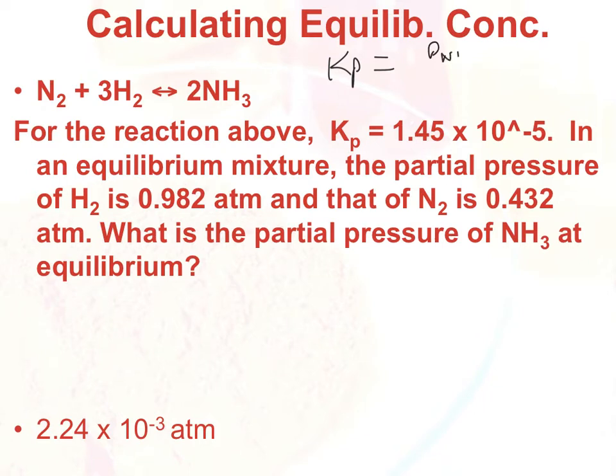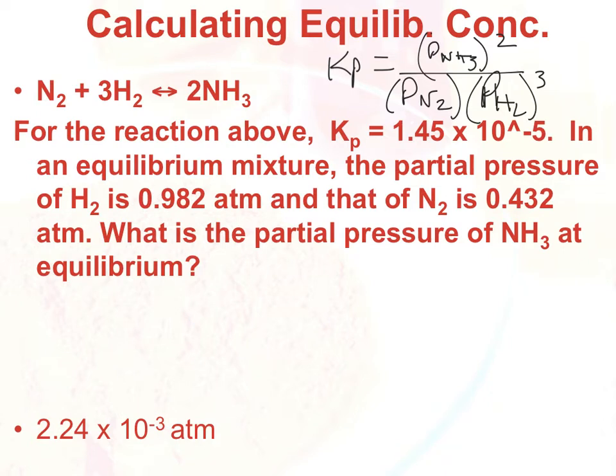So Kp equals P of NH3, with parentheses around that, squared, over the partial pressure of N2 times the partial pressure of H2 cubed. Let's look at what we know. We know our Kp value that was given to us, and we know our partial pressures of N2 and H2. So then we can subsequently figure out our pressure of NH3.